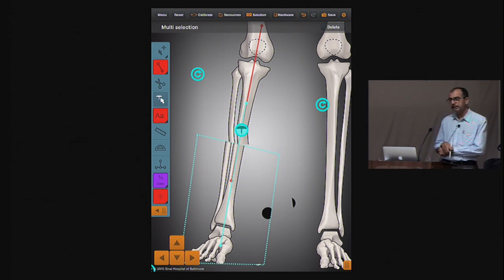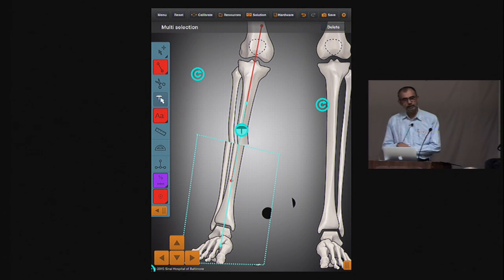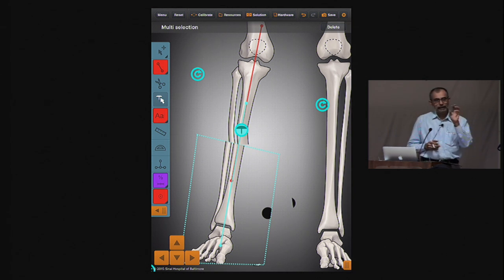I auto-magically get the angulation as well as the required translation. Right? So my axis is corrected, I have some translation. So this is osteotomy rule number 2, which states that if your hinge is at the right level, even if your osteotomy is above or below, you will get appropriate correction.